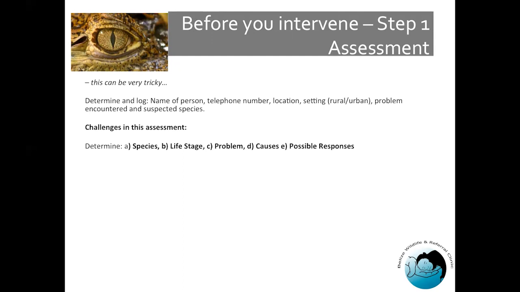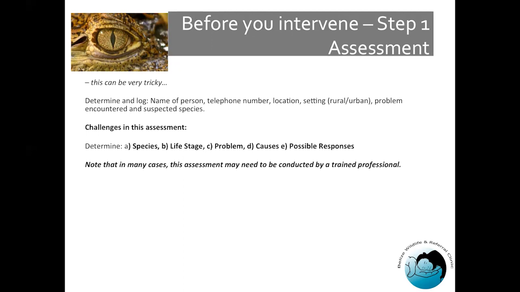It is very different whether there is a baby or an adult encountered, be it on the ground or in a tree. What happens to be the problem, what can be causing it, will then guide you towards possible responses. For this, we actually have a pocket guide here for Belize that helps along a bit more specifically.